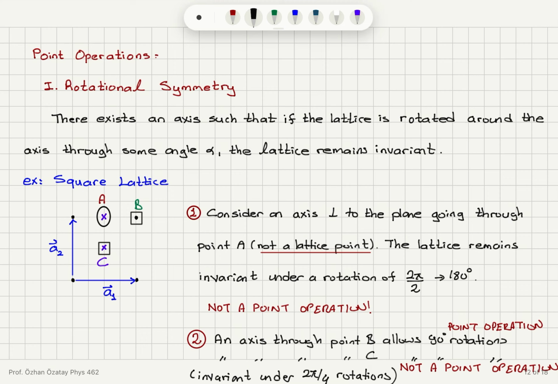So that's basically what we call a 4-fold rotational symmetry for the square lattice. And as for point A, we have a 2 pi over 2, 180 degrees rotation that maps the lattice into itself, but that's not a point operation because A is not a lattice point. And similarly for point C, which is not a lattice point, we have a 4-fold rotational symmetry.